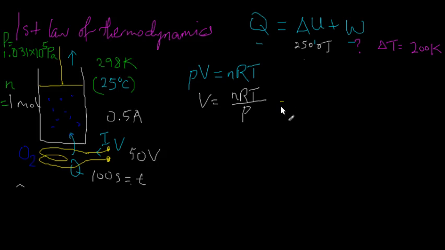Okay, and n is 1, R is 8.31, T is the room temperature, 298 Kelvin. And P is this value here, 1.031 times 10 to the power 5 Pascal.